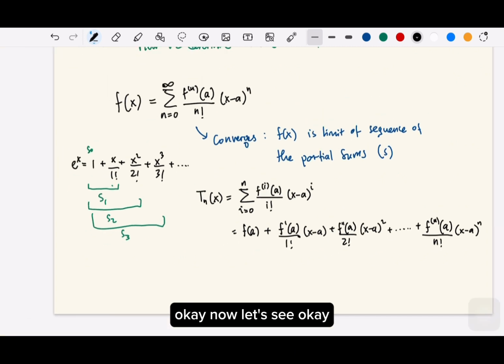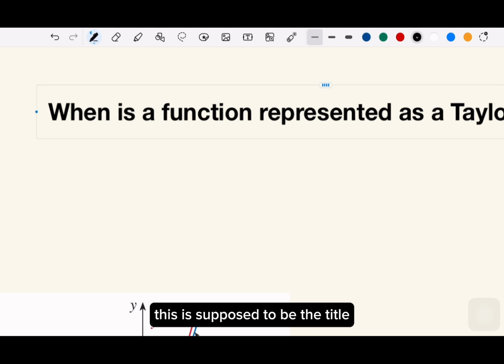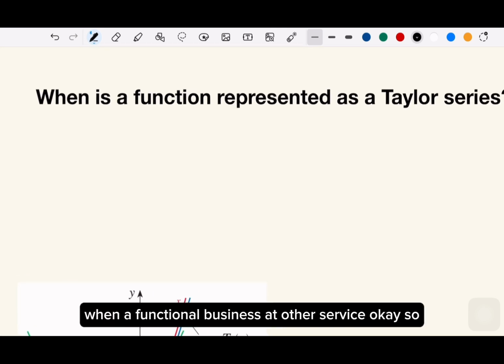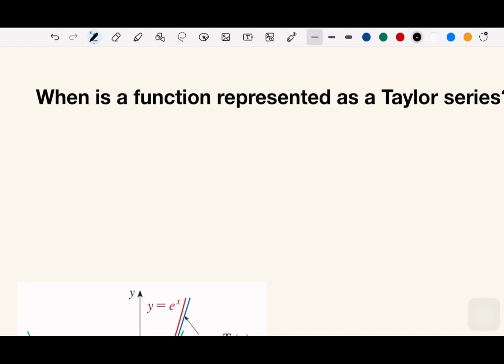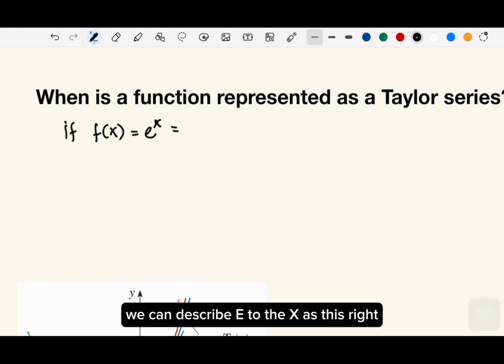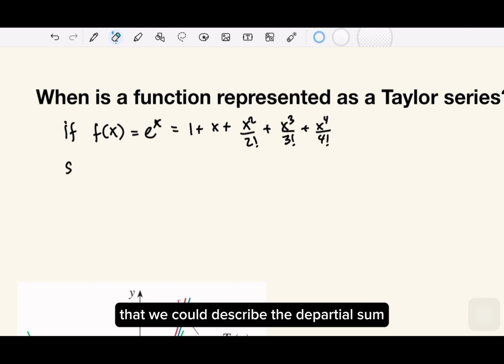Okay, well, this is supposed to be the title, when a function is represented as a Taylor series. If f of x is e to the x, and we know we can describe e to the x as this, then we can describe the partial sums.